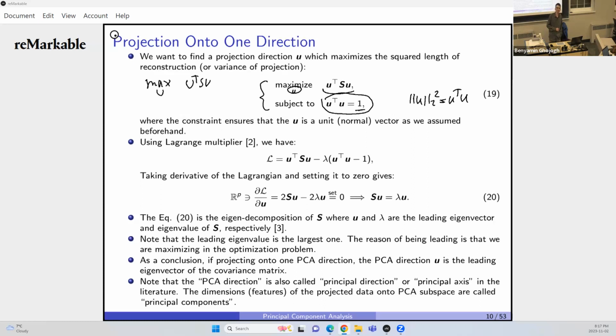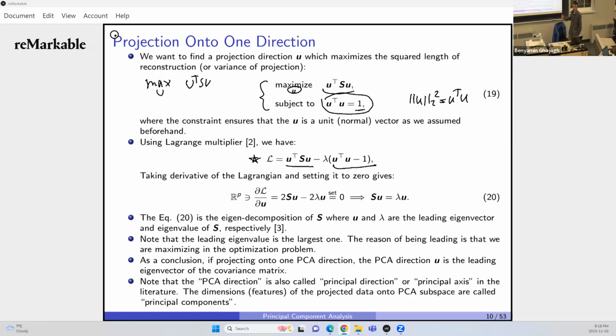What should I do? The Lagrangian. We see it a lot. In dimensionality reduction, you see it too many times. So the Lagrangian is U transpose SU minus lambda times (U transpose U minus 1). Lambda is a dual variable, a Lagrange multiplier. What should we do?